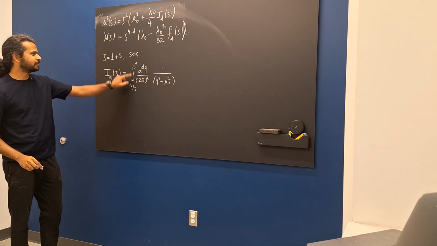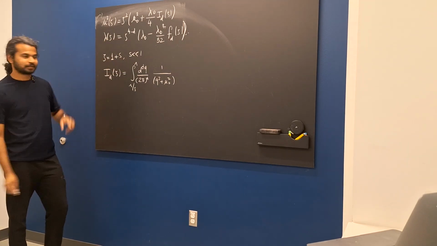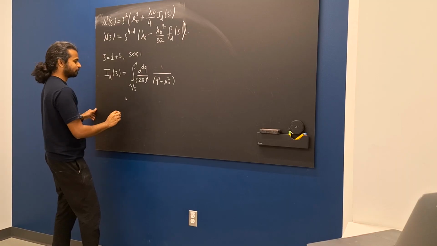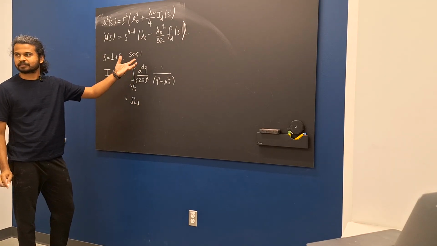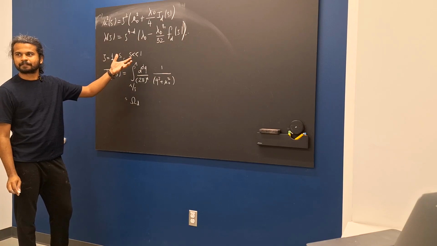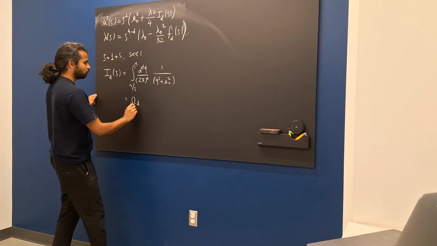And if lambda by zeta and lambda are close to each other, this is approximately omega d, which is the angular thing, divided by 2 pi to the d.